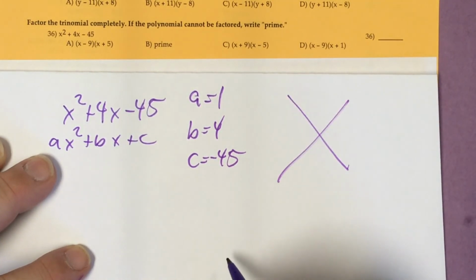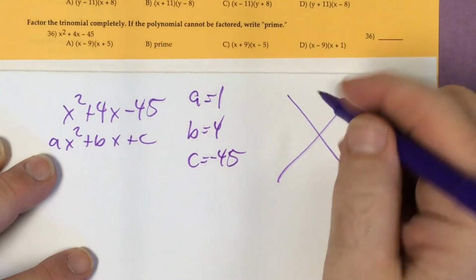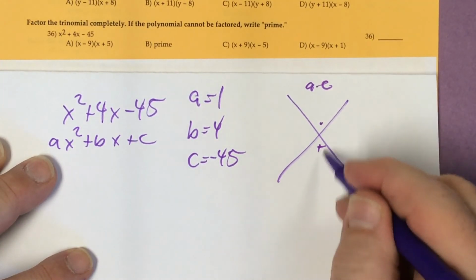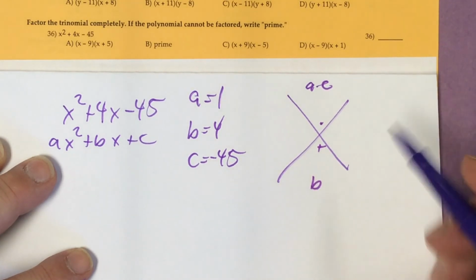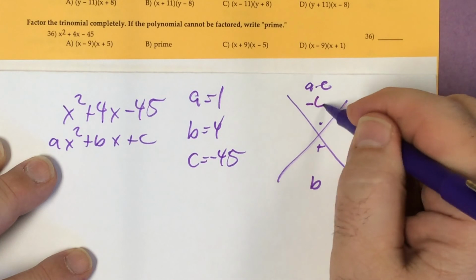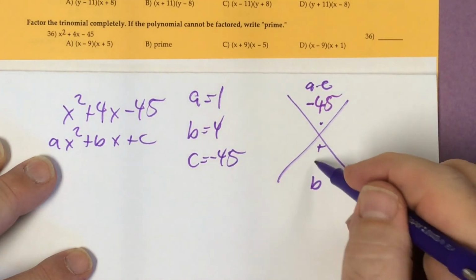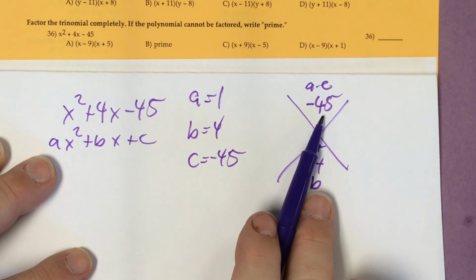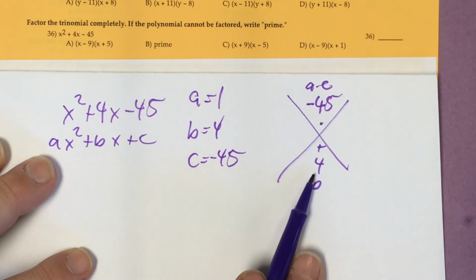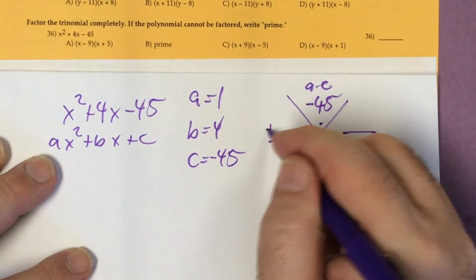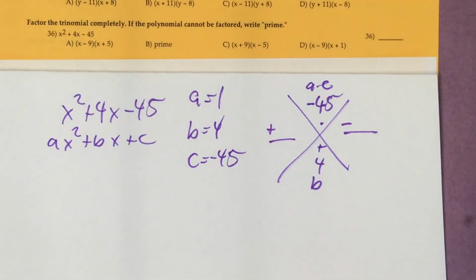And my X-box method, as I referred to in my video, we have the product of a times c up here, and then we have the sum of b down below. So we have 1 times negative 45 is negative 45, and then we have a sum of positive 4. Because this product is negative, one number has to be positive and one number has to be negative.